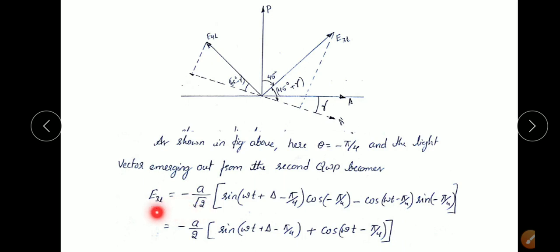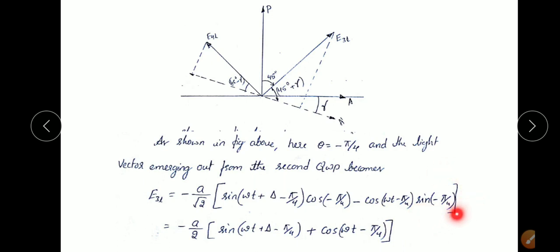E3L is the equation as I discussed in the last class about the circular polariscope. In that format you get the E3L value. The same equation is copied here: minus a by root 2 into sine of omega t plus delta minus pi by 4, cos of minus pi by 4, minus cos of omega t minus pi by 4 into sine of minus pi by 4.